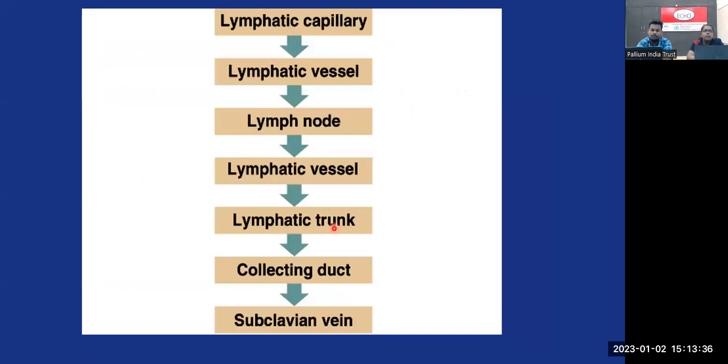The lymphatic capillaries absorb the lymphatic fluid, then it goes to lymphatic vessels, then to lymph nodes, then again lymphatic vessels. Finally, it goes to the lymphatic collecting duct, and then to the subclavian vein. Once the lymphatic fluid reaches the subclavian vein, it is part of the circulatory system. So the lymphatic system is a part of the circulatory system.